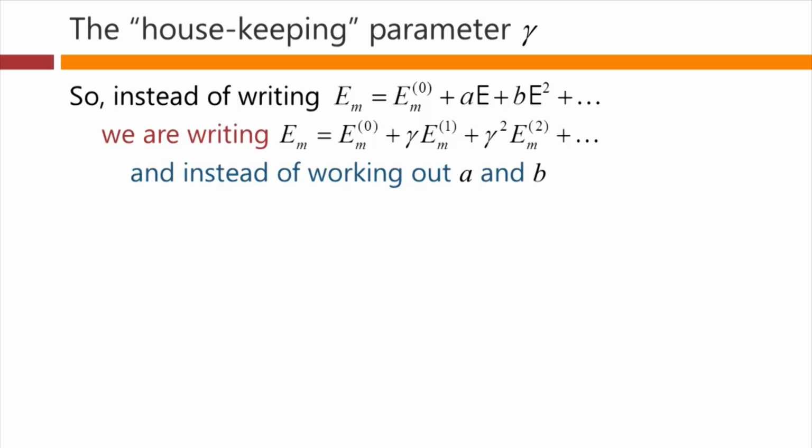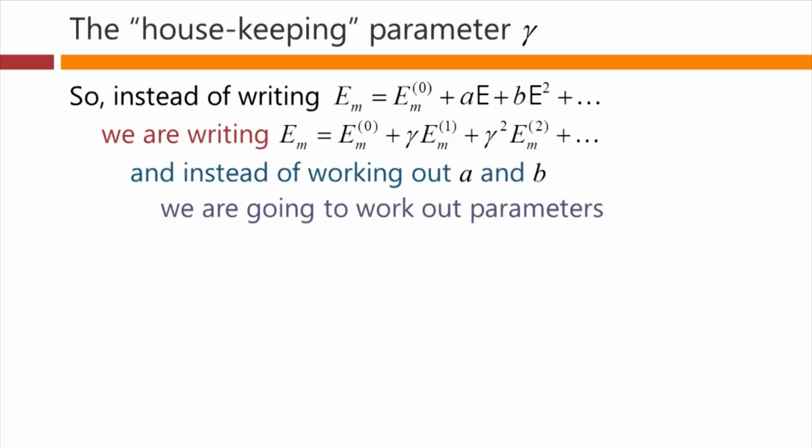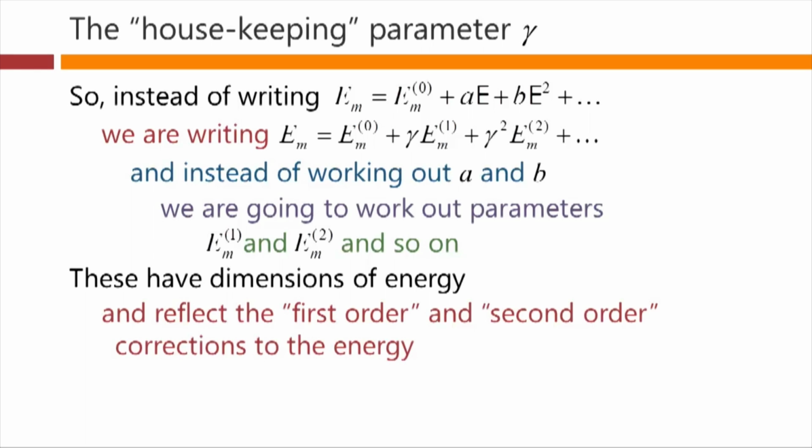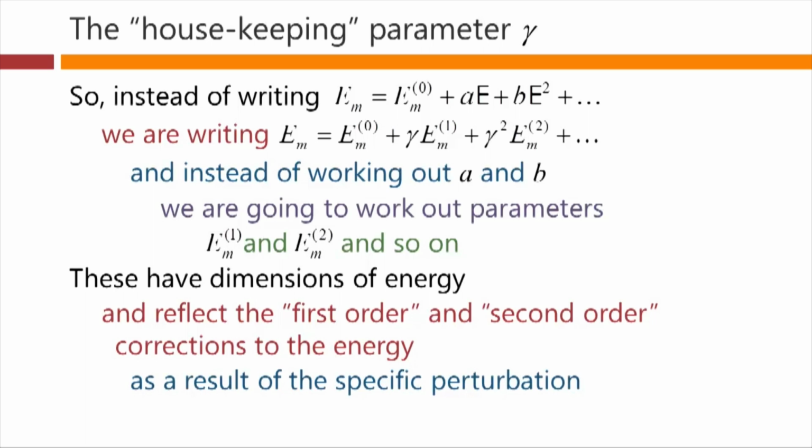But instead of working out A and B, we're actually going to work out these parameters, Em1 and Em2, and so on. These terms here have dimensions of energy. Gamma is a dimensionless quantity. And they reflect the first order and second order corrections to the energy that result from this specific perturbation that we're putting on here, for example, a specific value of field.